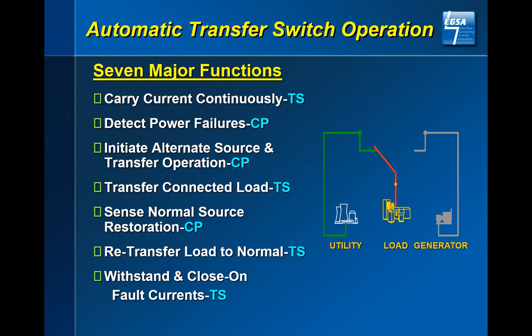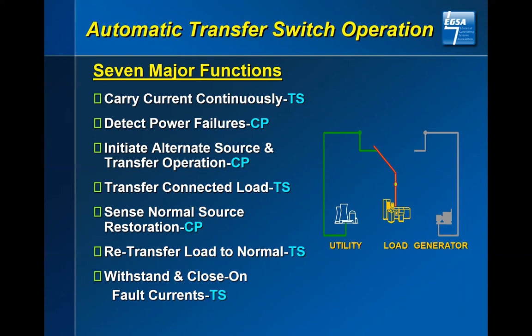Detect the power failure. Many of the manufacturers use a relay that, as long as the utility power is available, that relay is energized and it will open a set of normally closed contacts. When the utility fails, that relay drops out, it closes the contact, and that's what completes the circuit from the controller on the generator set through the transfer switch back to the controller.